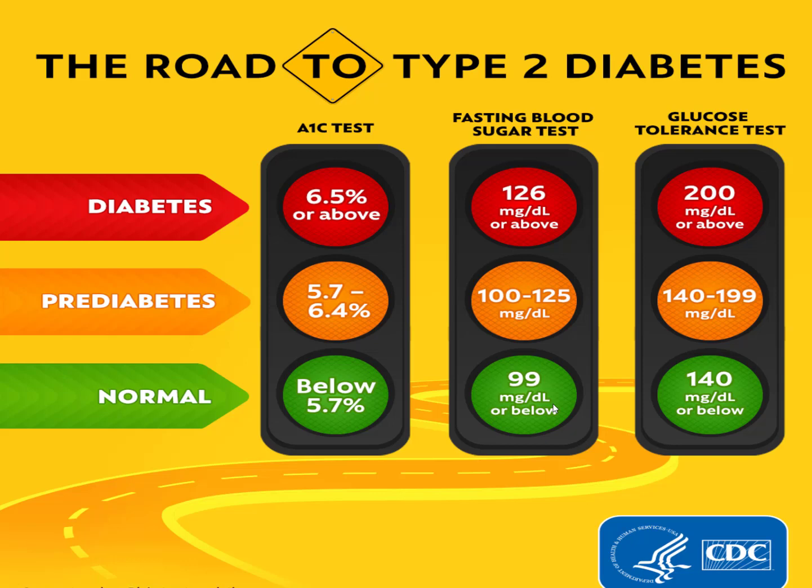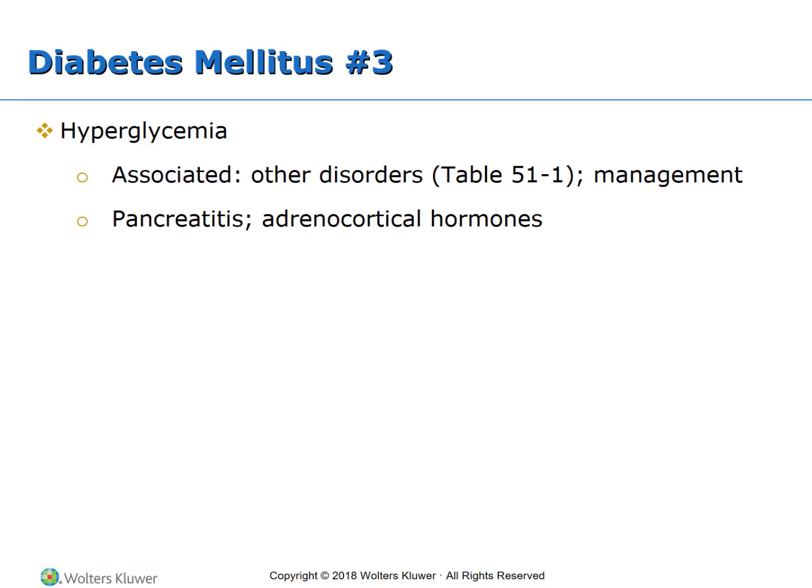And we know that our body tries to keep it between 70 and 100 milligrams per deciliter, with our normal blood glucose maintained with the release of insulin, so it should be between 70 to 100 for fasting blood sugar tests. And the glucose tolerance test, if you're normal, should be below 140. So you can take the ups and downs, the diabetes and the normal, and what's between them will be the pre-diabetes. Okay, so it's important to know these values.